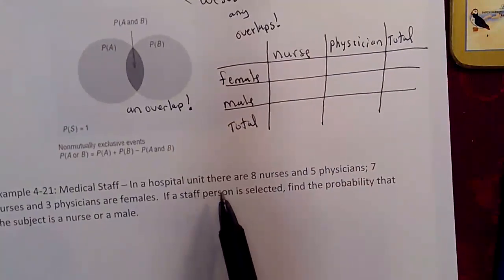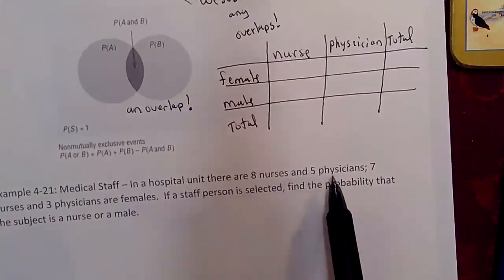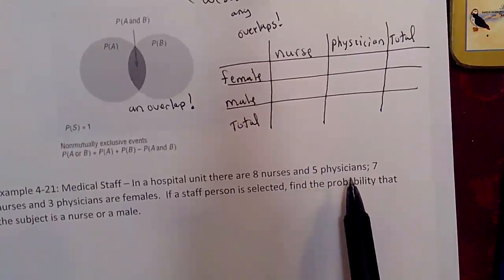So in a hospital unit, there are 8 nurses and 5 physicians.